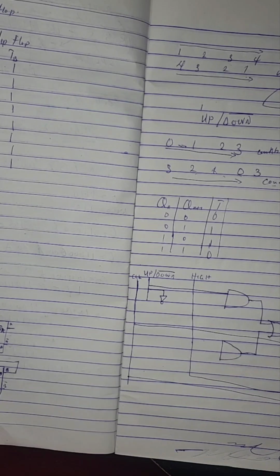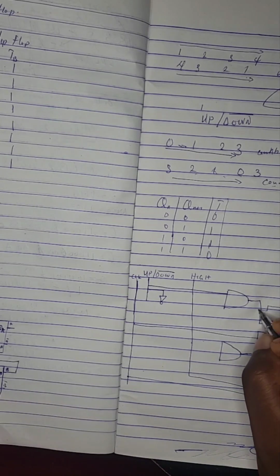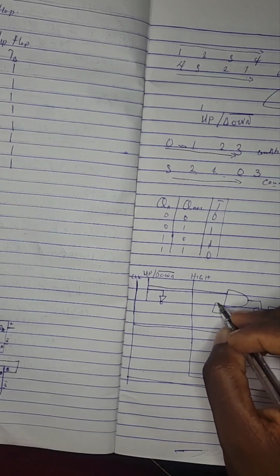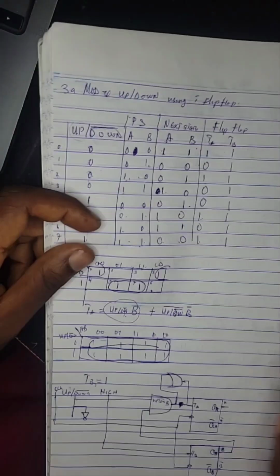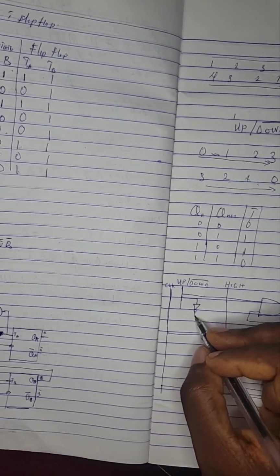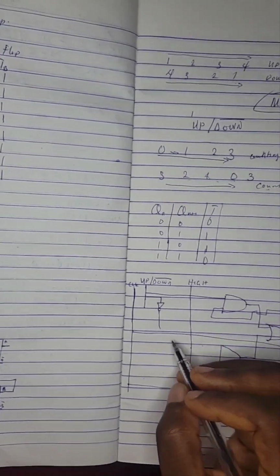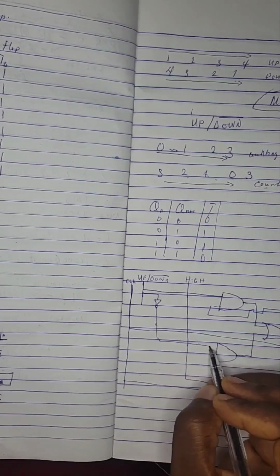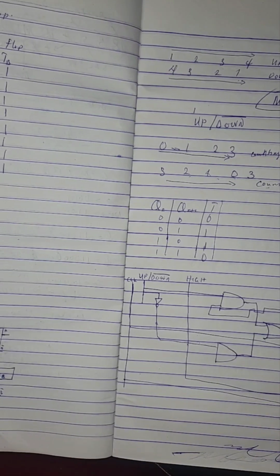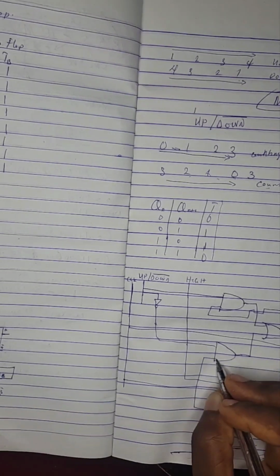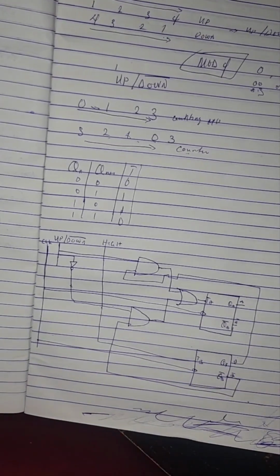Yeah, we can take B like this. So that's going to be up down, B. And the second one is up down bar, B bar. So this is what our circuit will look like. That's the end of this.